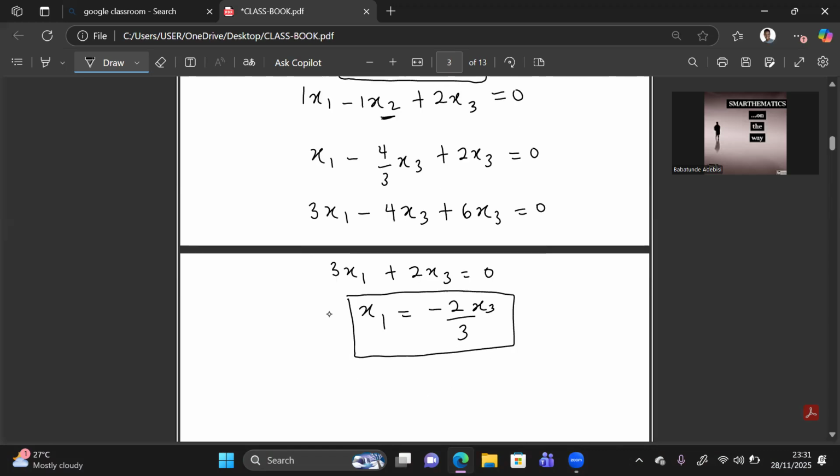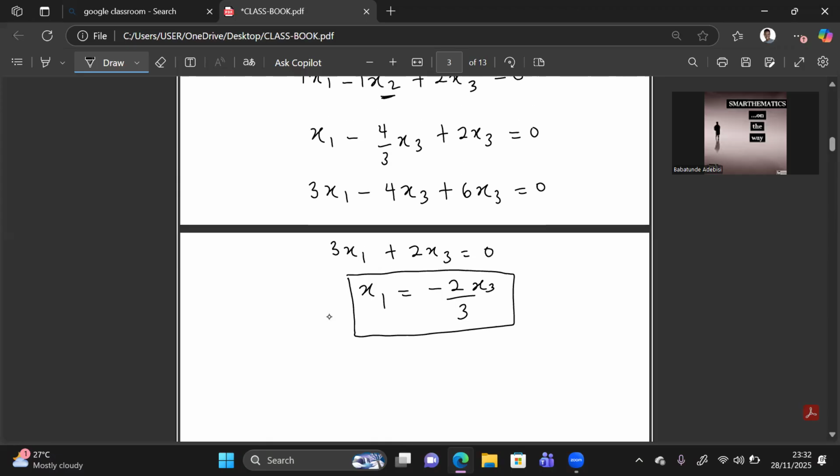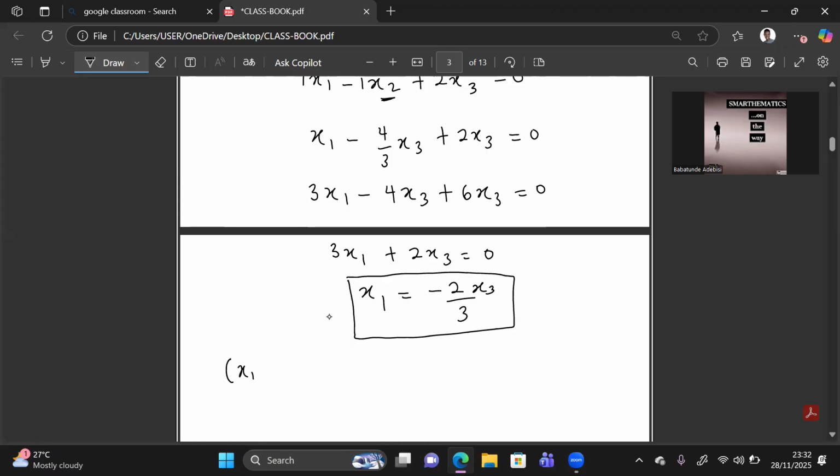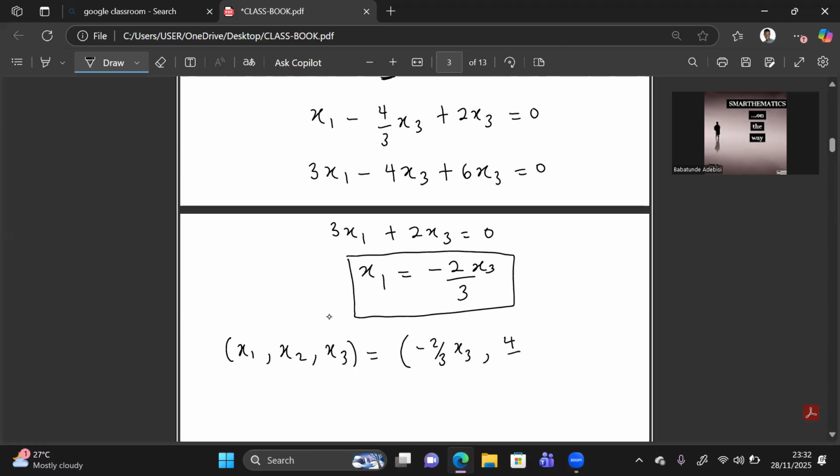All right, so our x1, x2, we now have in terms of x3. So what we have is x1, x2, x3 equals, our x1 is minus 2 over 3 x3, our x2 is 4 over 3 x3, and x3 is x3.